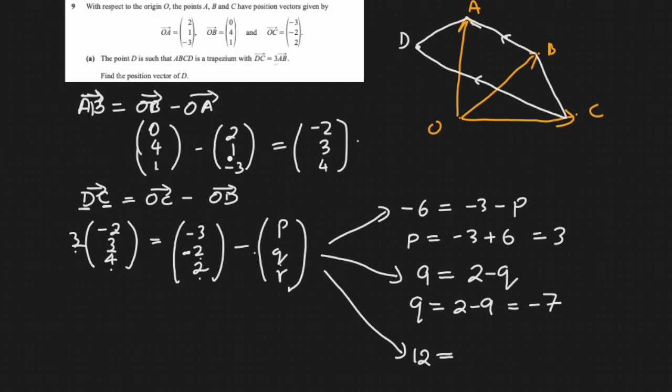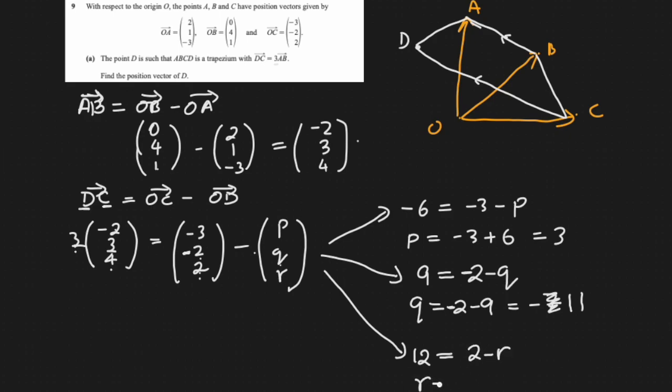I hope I have not made any other mistake. Alright, so this would change, 9 minus 2 minus Q. So this will be minus 2 minus 9, which becomes minus 11. Alright, so this is 2. Okay, so 12 equal to 2 minus R.